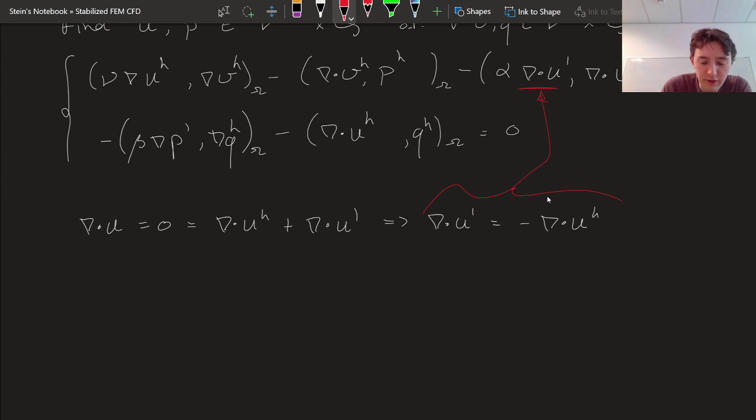Can we do something similar for this gradient of p prime? Somehow yes, but not quite as direct. We have a gradient of u prime, or a gradient of p prime also in the momentum equations. Those said that 2 times nu of the Laplace operator on u, so this is the vector Laplacian, plus the gradient of p was going to be equal to f.